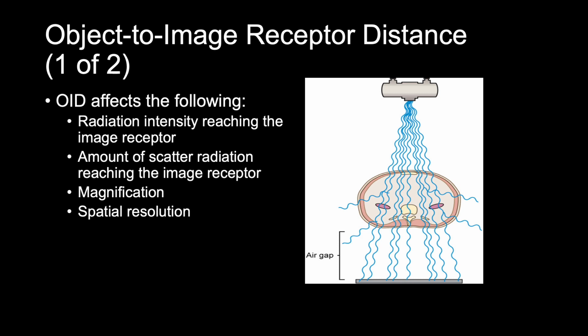The amount of OID required to increase contrast depends on the percentage of scatter exiting the patient. For anatomic areas that produce a high percentage of scatter, less OID is needed to increase the contrast than for anatomic areas that produce less scatter.